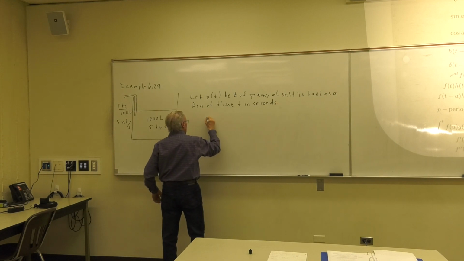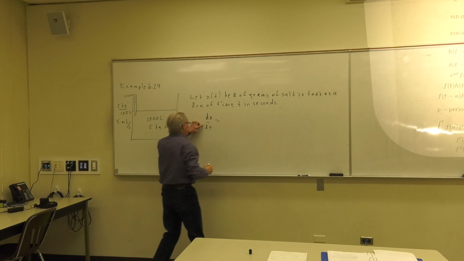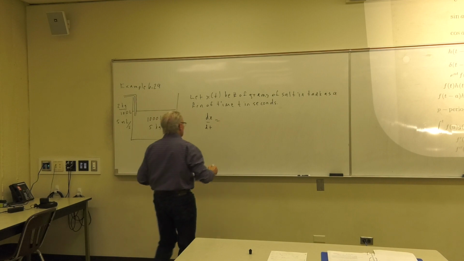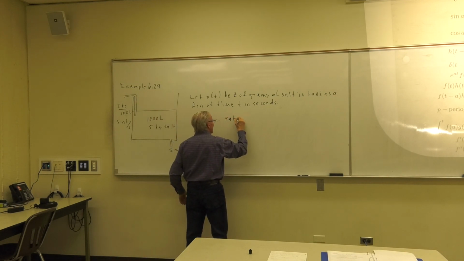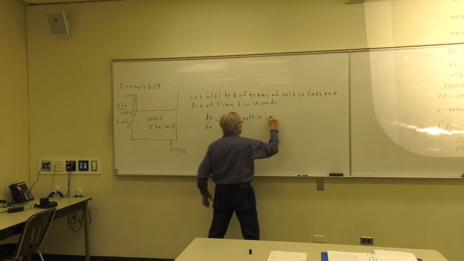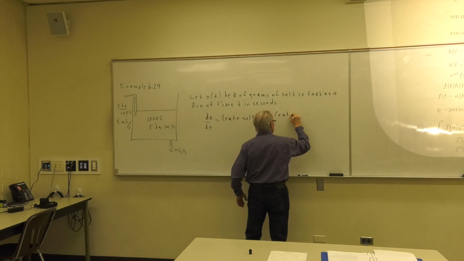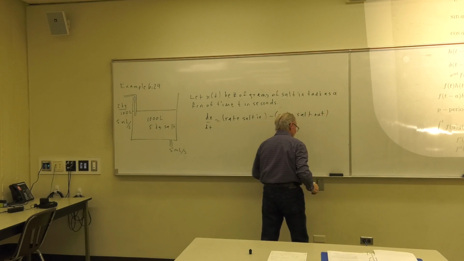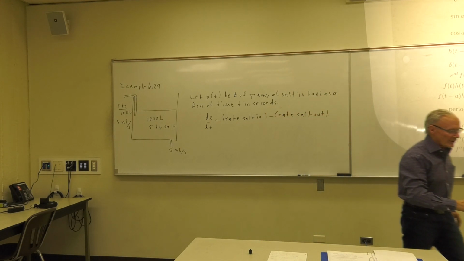Now remember what we did back in section 15.3, we said symbolically, dx dt is the rate of change in the amount of salt in the tank, and that means the rate salt in minus rate salt out. And so we had to figure these two things out. So let's concentrate on those for a moment.